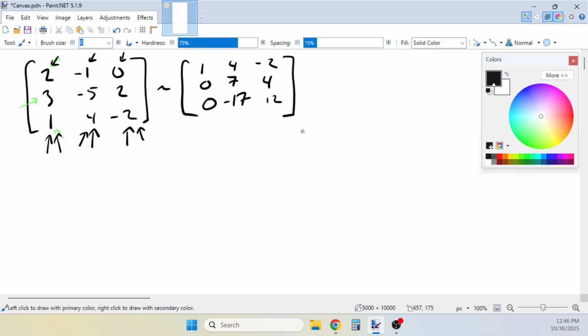I'd like to get a 1 in this position. A good way to do it: I'm thinking of adding the two rows together to get a 10, maybe dividing by 2. Try that.